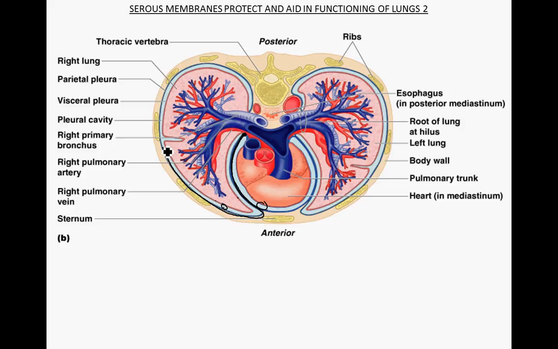The visceral pleura here on the surface of the lung will go down into the fissures of the lobes, separating some of these lobes, right? And then be continuous all the way around again. And there's pleural fluid that's going to be in between there. So being able to identify those, we can use some materials in the lab to look at with the mannequins and sort of model that as well.